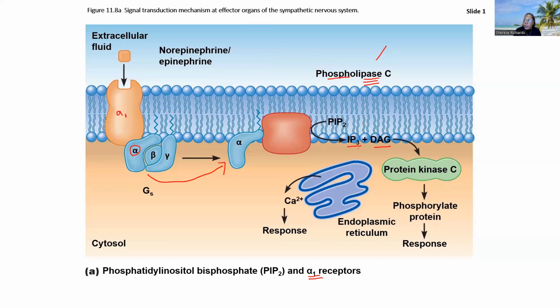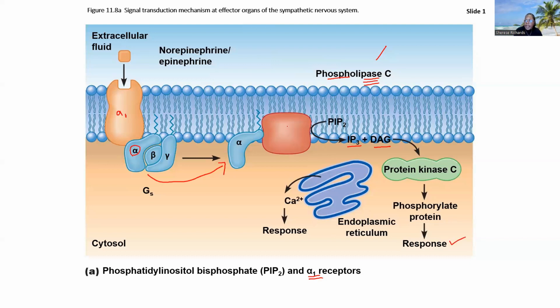But these two second messengers, IP3 and DAG, will then enter the cell, activate other enzymes in the cell, protein kinase C being an example of that. And then protein kinase C will phosphorylate some protein in the cell, and that will generate our cellular response.